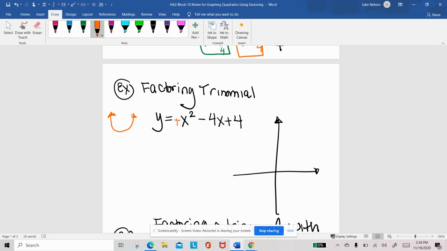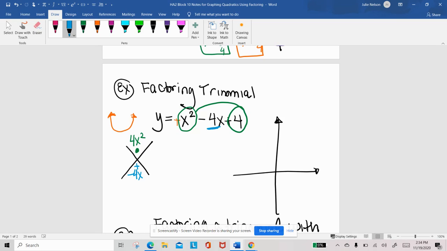So anytime I have a trinomial, tri like 3, there's multiple ways of doing this. This is the way I do it. I always draw a big X, and I multiply the very first number with the very last number, and I put it on top of the big X. And then I always put the middle number in the bottom.